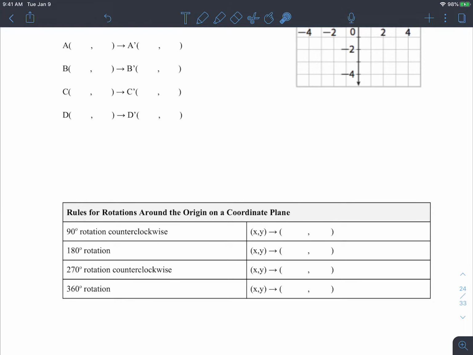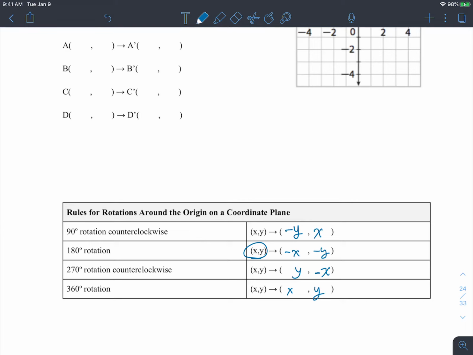But we did some of them already, right? For this, it was negative x, negative y. Do you remember that? For a 360 rotation, it remains the same. For a 90-degree rotation, it's negative y, x. And the funny thing about 270 counterclockwise is that you swap the two, but you negate the different one.